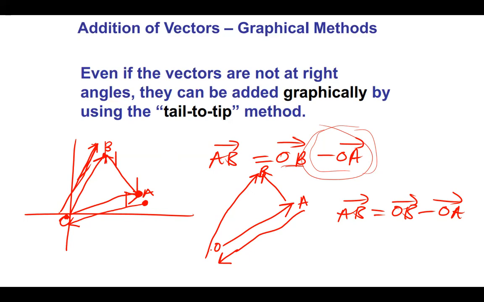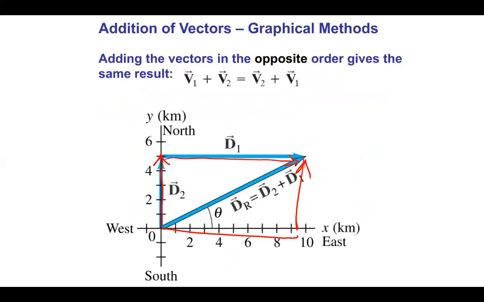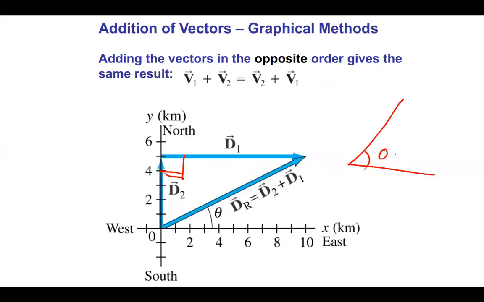The previous vectors that we looked at were at right angles, meaning we had 90 degrees at one point. But if you have two vectors which are not at right angles, this angle, let's say, is just theta, then this is not a right angle.